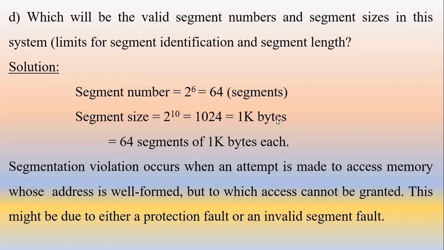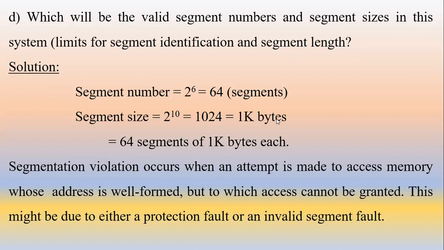And then we know that the segment size is equal to 2 to the power 10. That gives us 1024 bytes, which is equivalent to 1 kilobyte. And therefore, this means that we are going to have 64 segments of 1 kilobyte each.